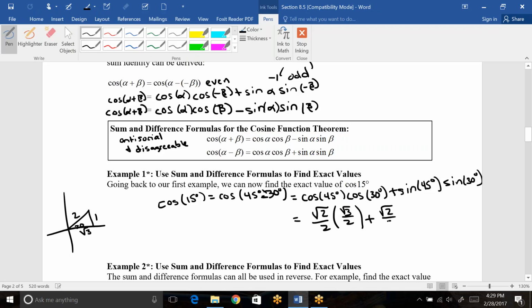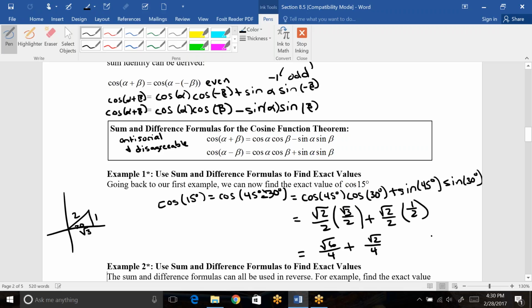Remember, the 45-degree angle has the same two ratios. And then sine of 30 is opposite over hypotenuse, so that'd be 1/2. So this is square root of 6 over 4, because we can multiply the two radicals together. And then it would be plus square root of 2 over 4.